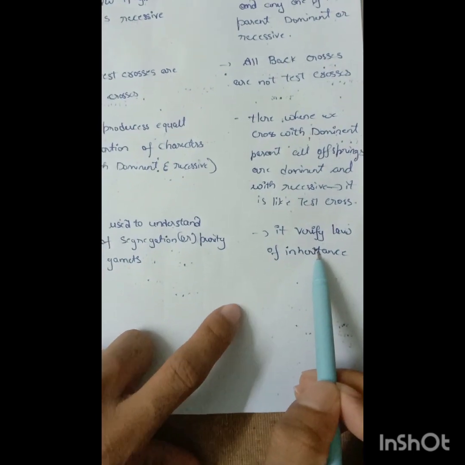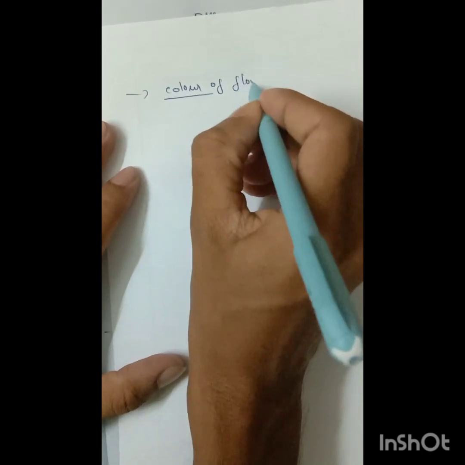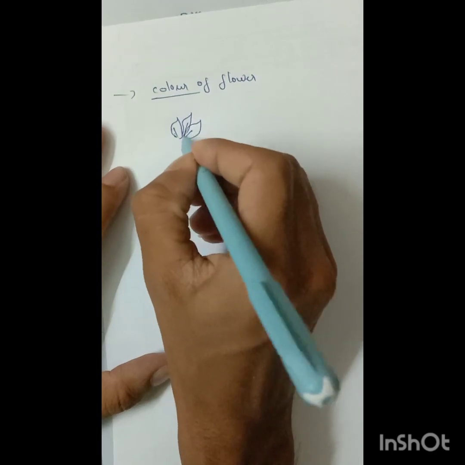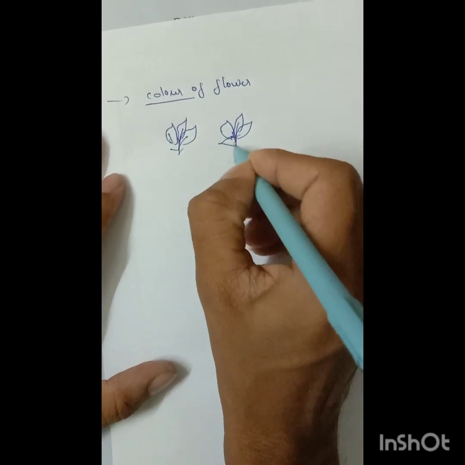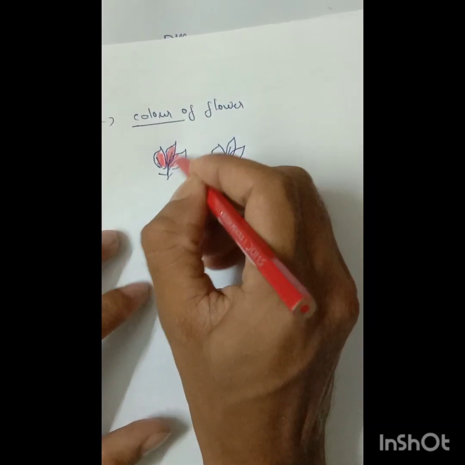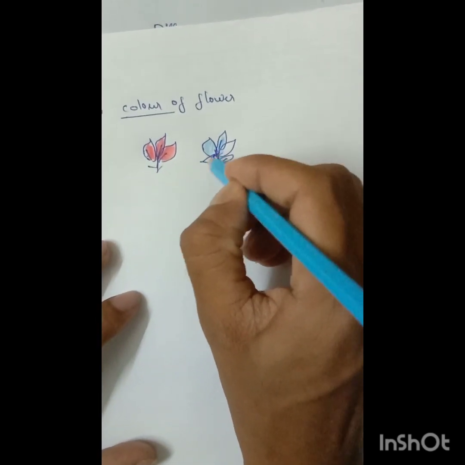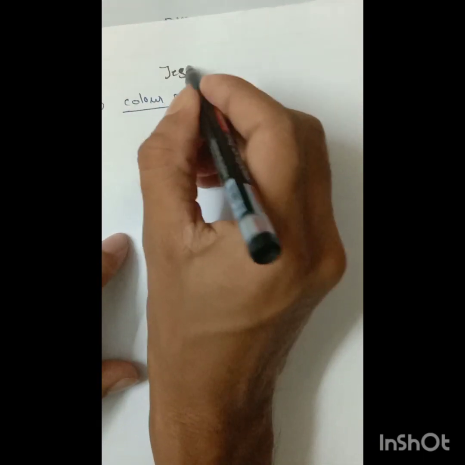So, let us study in detail with an example. For example, the color of a flower. It is for test cross.